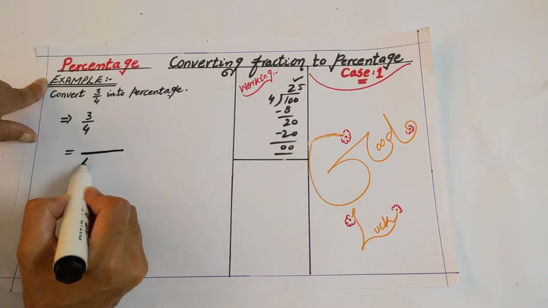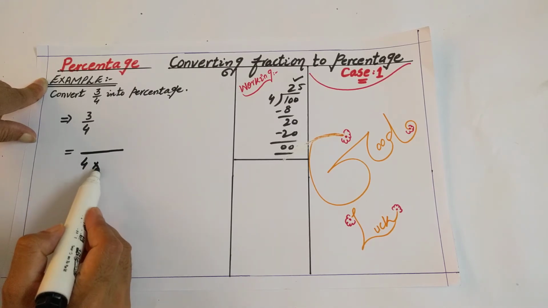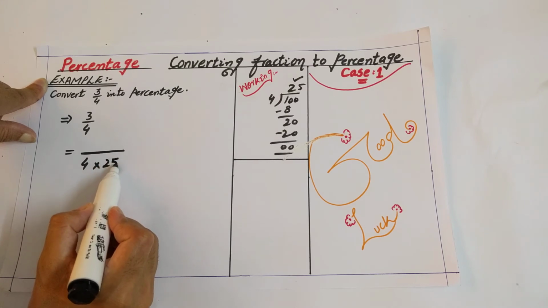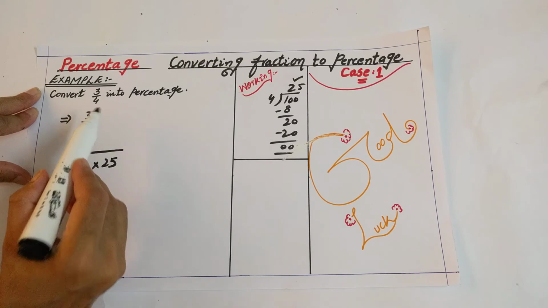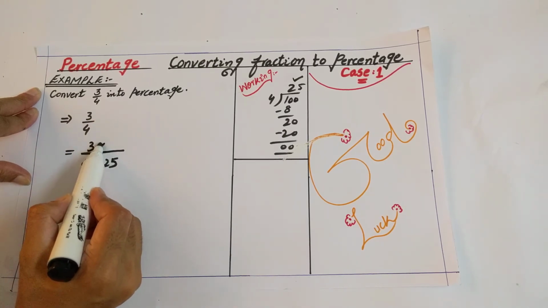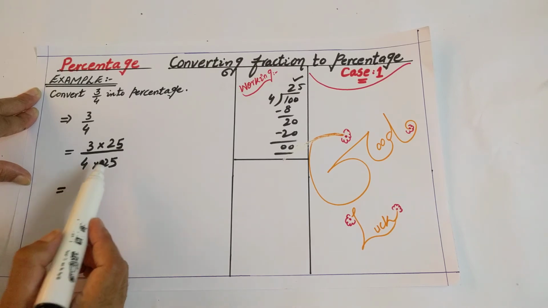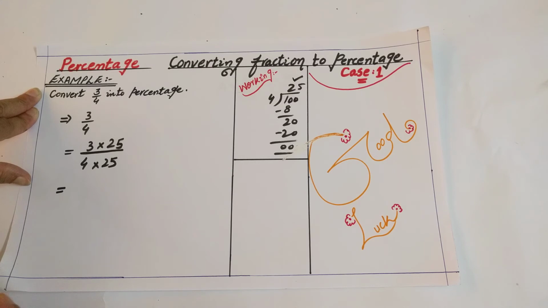Firstly, we have to convert this denominator into 100, and we are getting 100 in the denominator by 25. So if we multiply the denominator by 25, we will also multiply the same number by the numerator. Clear? So let's multiply 25 by 3.